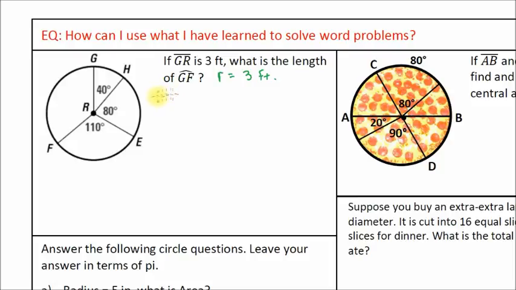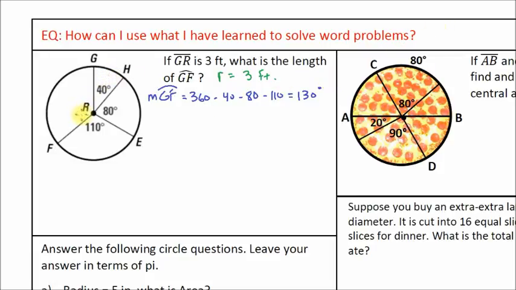That means we can find the measure of arc GF. Remember, measure of an arc is in degrees, and that's equal to 360 minus 40 minus 80 minus 110. That gets rid of all these degrees, and what we're going to find is the leftover, which happens to be 130 degrees.